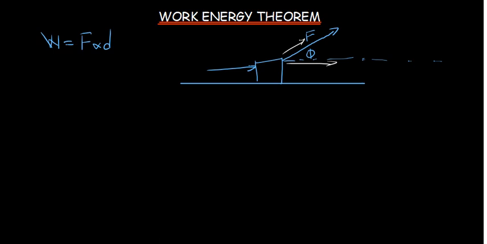Since this is in the x direction, we know when it comes to the x direction, we use cos. Let's say we have this: this is our y-axis and this is our x-axis.